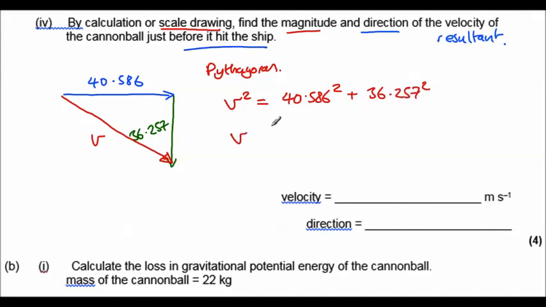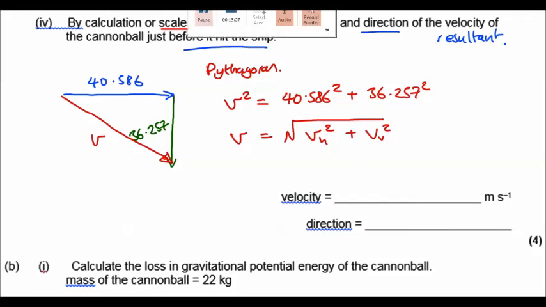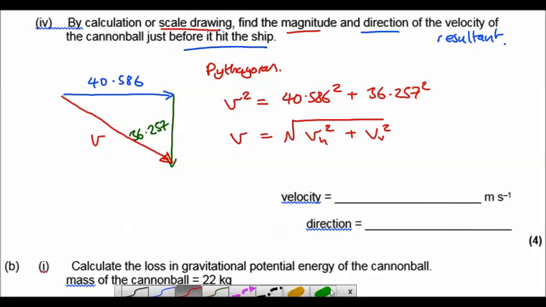Obviously work those out, add them together, and you get that it's the square root of v horizontal squared plus v vertical squared. Right, working those out gets you 54.42.